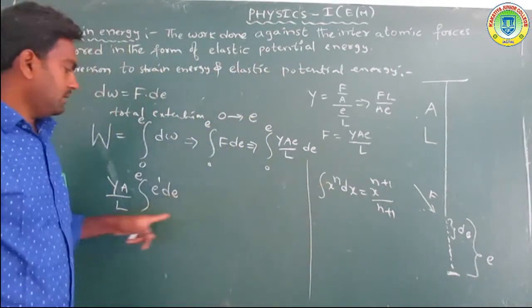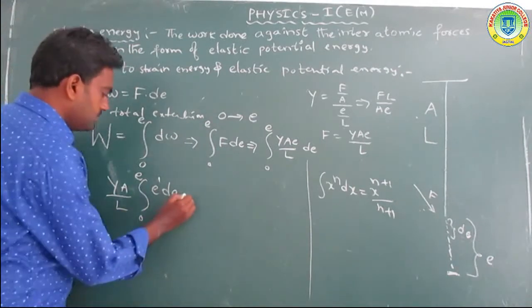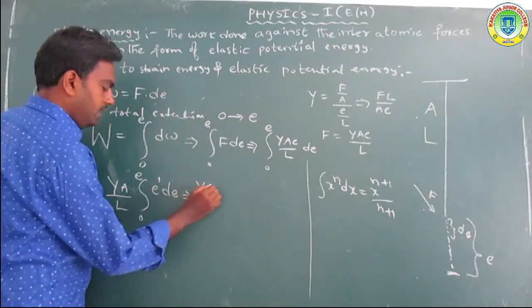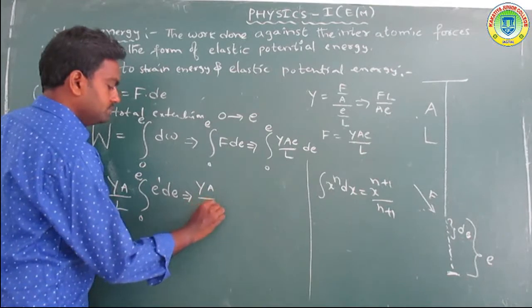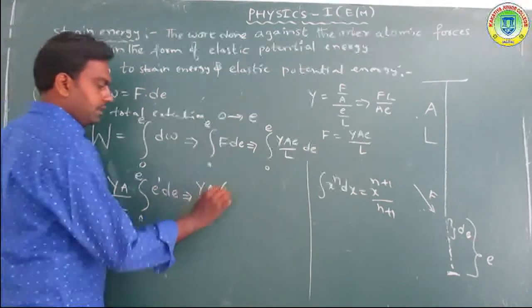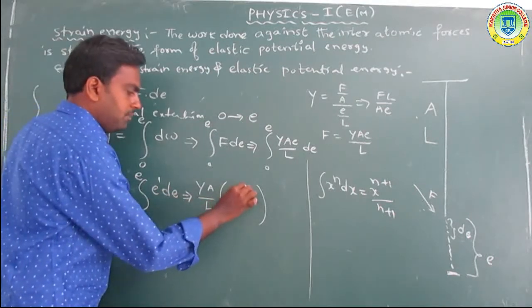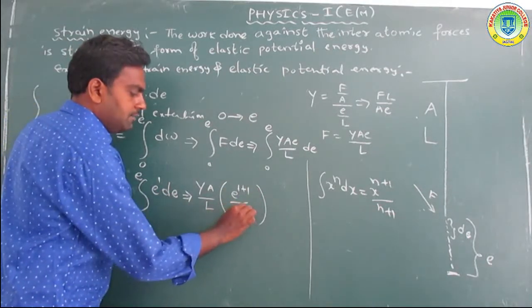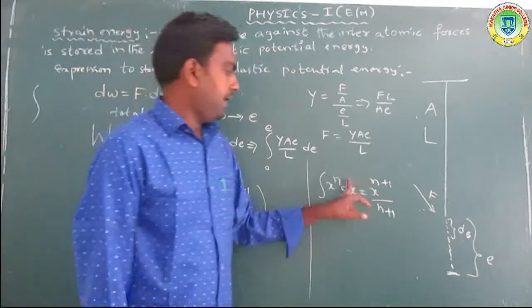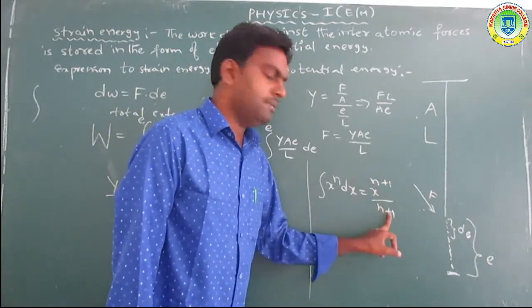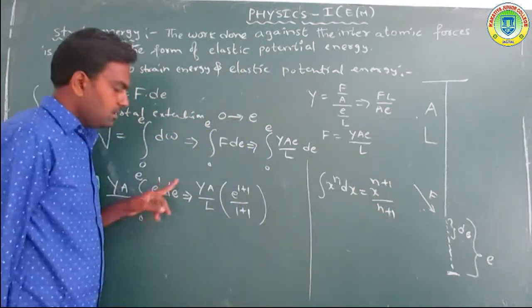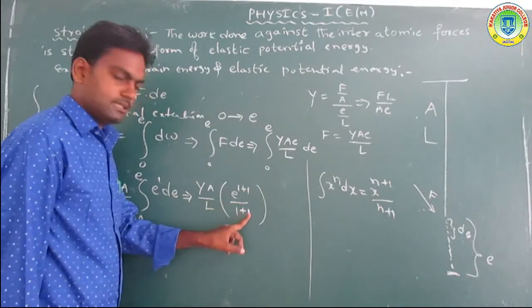A similar pattern applies here. Observe: Y A by L times the integration of e to the power 1 de gives e to the power 1 plus 1 by 1 plus 1. Here n plus 1 by n plus 1 is 1 plus 1 by 1 plus 1.